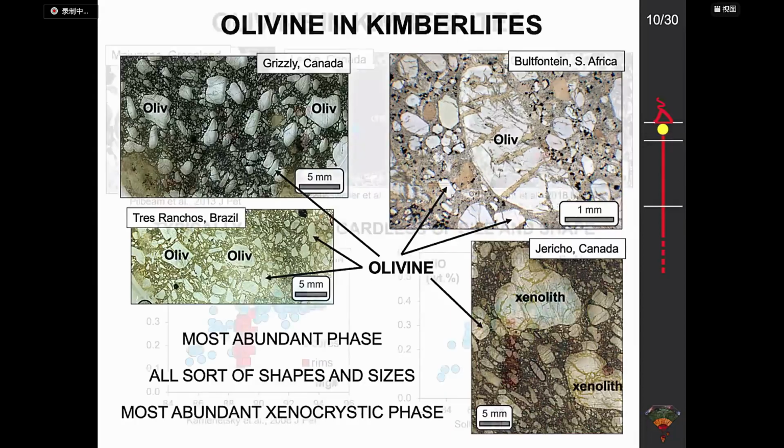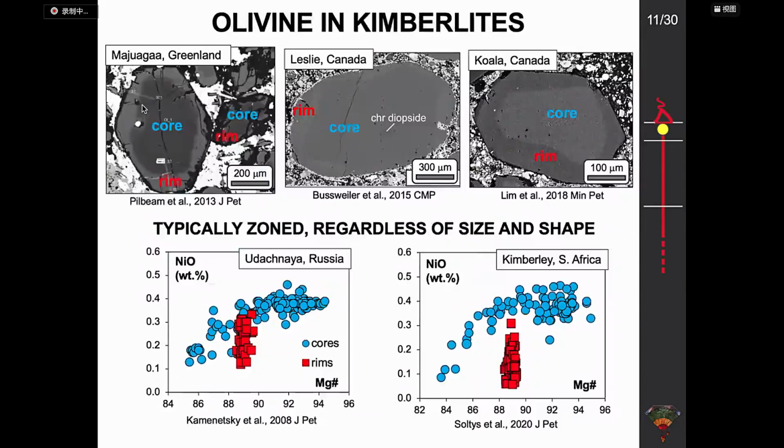Any olivine grain, as you can see from these backscatter electron images, includes both a core and a rim of different composition. It's quite clear from this difference in the brightness of backscatter electrons. This difference is even more clear if we look at typical charts of olivine compositions, magnesium versus nickel, magnesium on the x-axis, nickel on the y-axis.